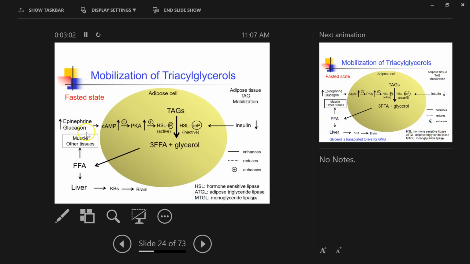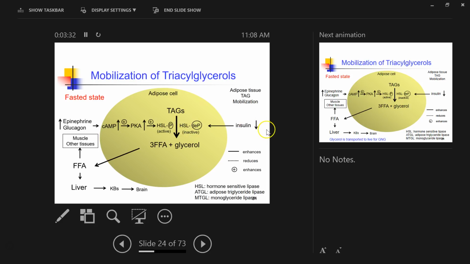And epinephrine and glucagon, these two hormones basically are upregulated or increase during the fasting, right? And they basically phosphorylate HSL and activate HSL. So it increases hydrolysis of triglyceride, or increases lipolysis. But insulin basically inhibits HSL, right?